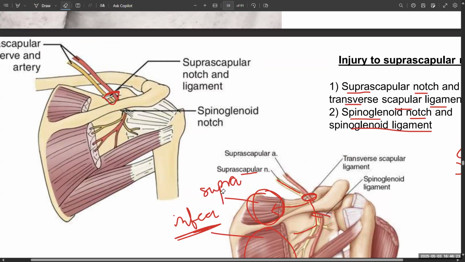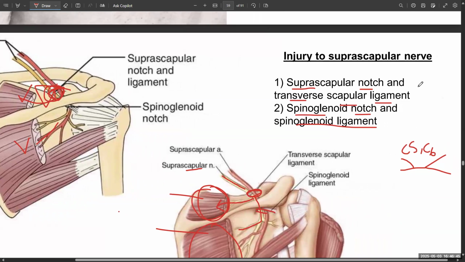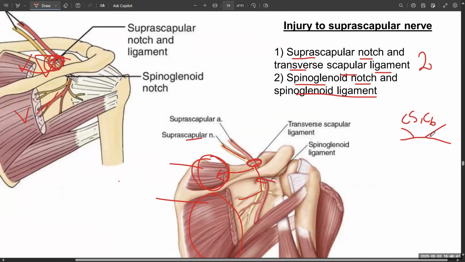So now we will talk about the injuries. If you have an injury over here, that means that you are compromising branches to the supraspinatus, and you are also compromising branches to the infraspinatus. So you're cutting off the nerve here. That means that your supraspinatus and your infraspinatus will stop working. So this is two muscles that will not work.